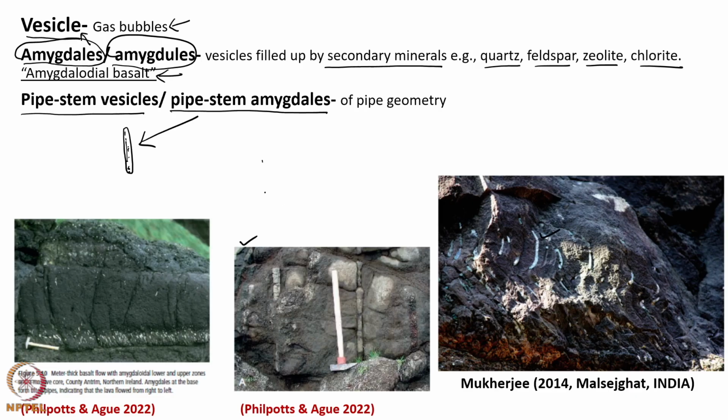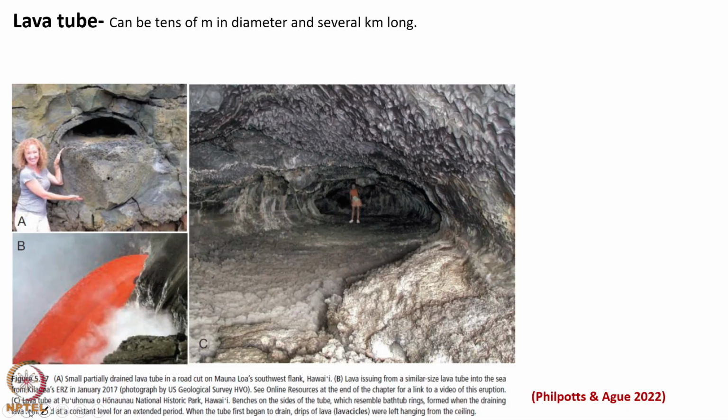Suppose I am watching on a vertical surface, the gas escape was happening in this way, and here also a gas escape was happening within the basalt. They might get joined together to give a fold like appearance, but this is not tectonic and this can be found in basalts.